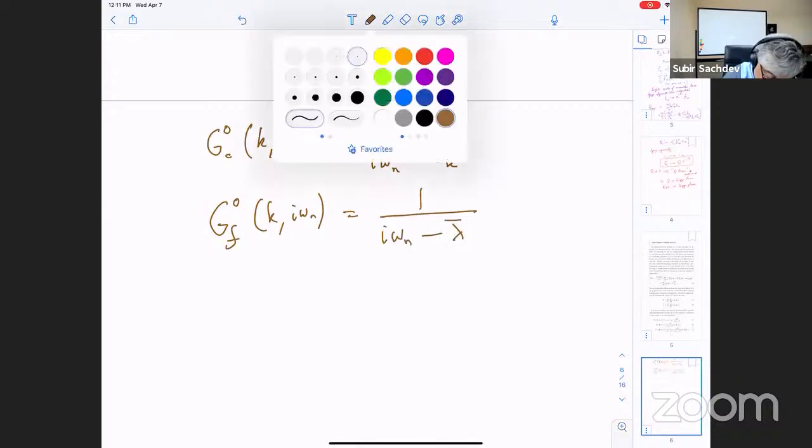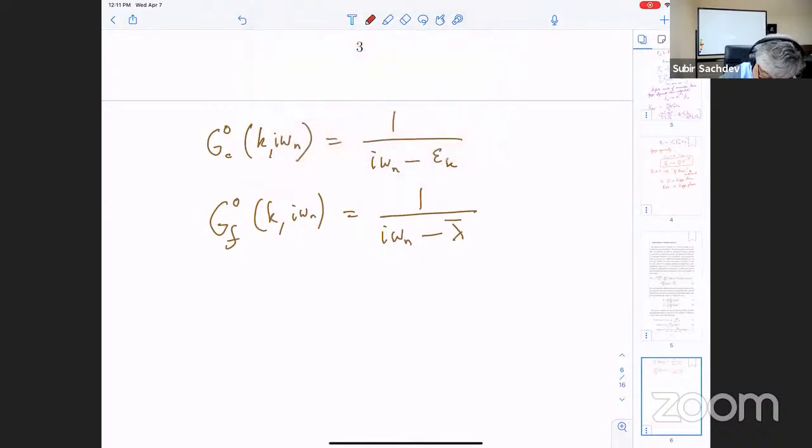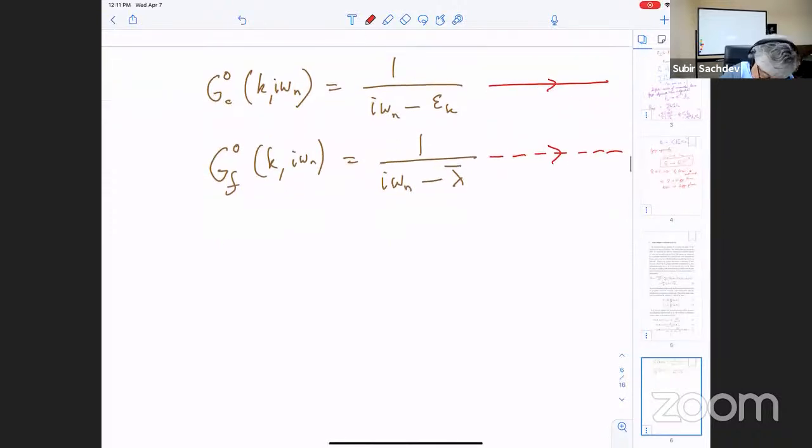Graphically, I'll represent C by a full line and F by a dashed line. My only interaction I can represent by an X. It converts a full line to a dashed line, and that picks up a factor of Q bar.